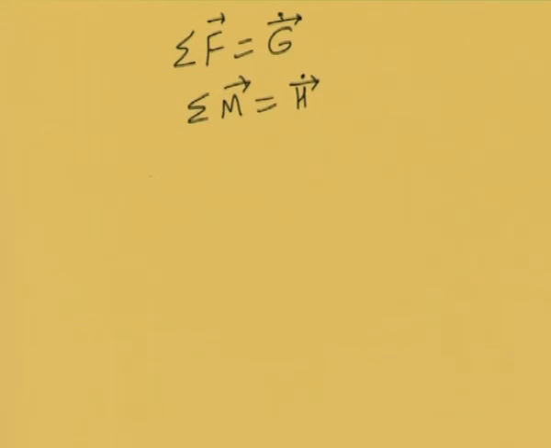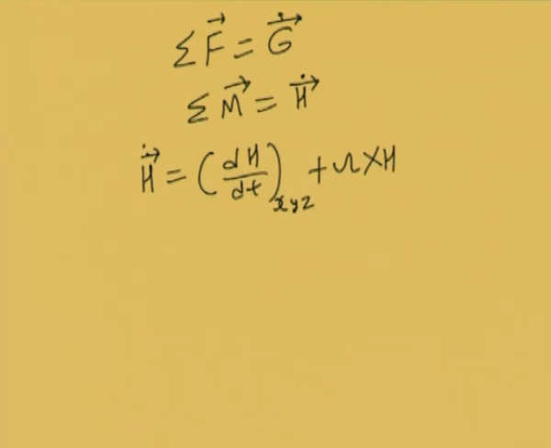Now, when H can be expressed in terms of components measured relative to a moving coordinate system, then H dot can be written as H dot is equal to dH by dt, xyz, plus omega cross H. If the axis system itself is rotating with angular velocity omega, then you have to write it like this: H dot is equal to dH by dt, xyz, since the axes are rotating.